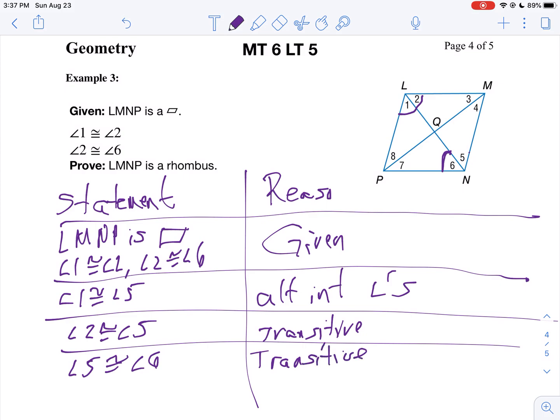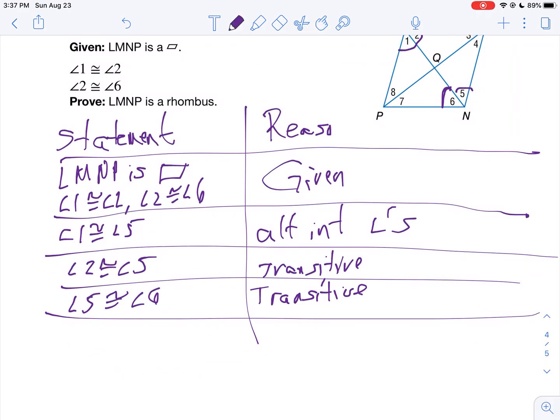Now notice we have two pairs of angles that have been bisected along the diagonal. That's the definition of a rhombus. So LMNP is a rhombus. What's the reason?